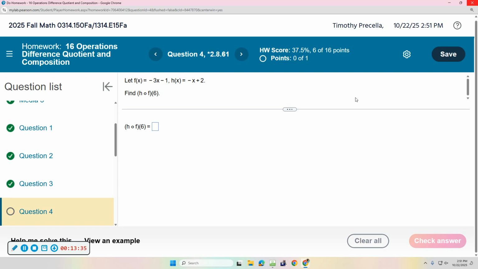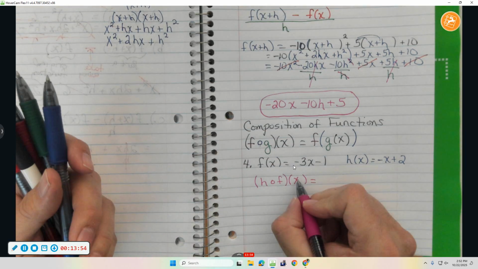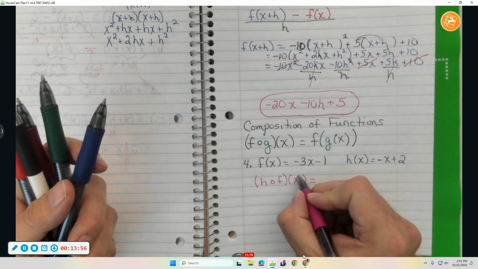So negative x plus 2, and it says to find h composed with f of 6.